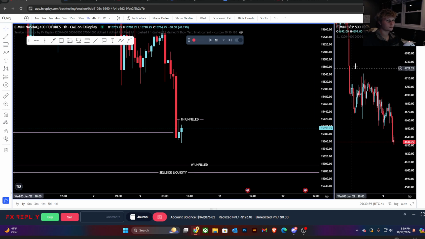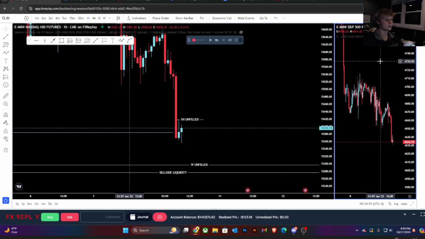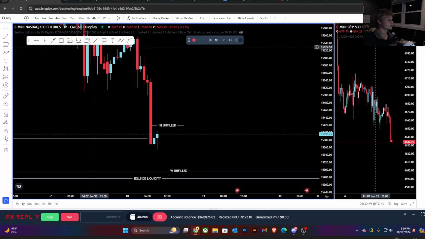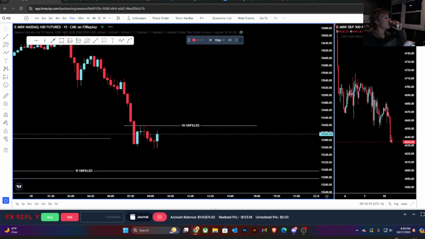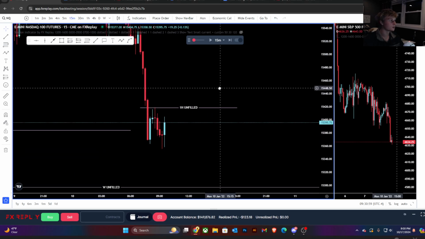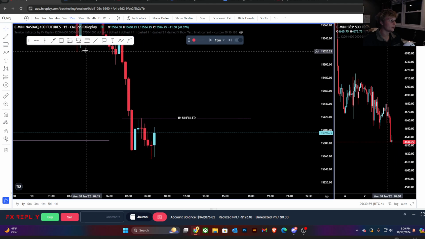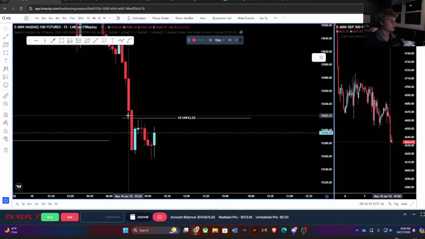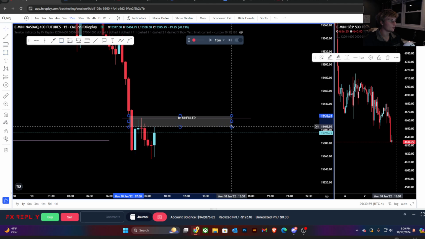Looking at ES as well. So let's hop down to the 15 minute. Hourly unfilled above. 15 minute, we are respecting this bearish 15 right here, we reacted off of.